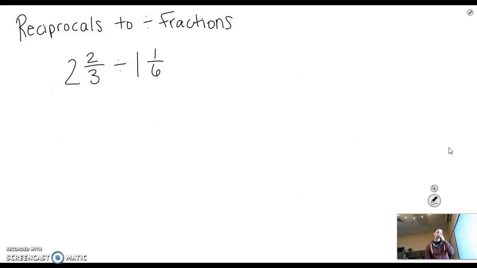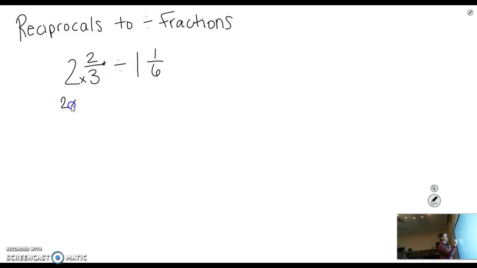All right, guys, in this last example, we have two mixed numbers divided by each other. So I have 2 2/3 divided by 1 1/6. Before I can divide these fractions and find the reciprocal, I have to change the mixed numbers into improper fractions. So remember, that's 2, the whole number, times the denominator plus the numerator.